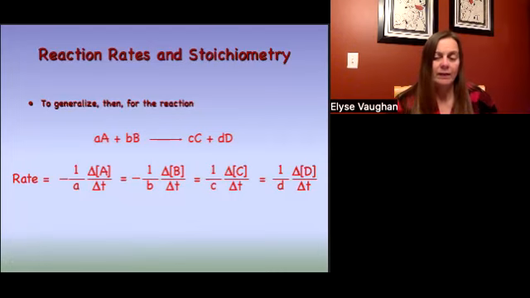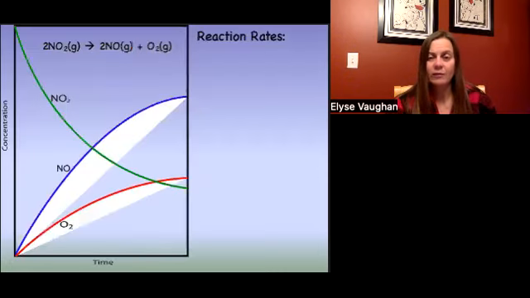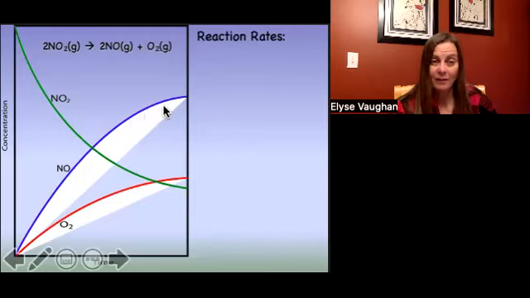Okay, so we can look at it from this perspective, or we can look at this graphically. And what we see here is the concentration over time of these 3 species in this reaction, where we have nitrogen dioxide decomposing into nitrogen monoxide and oxygen. And so you can see that the concentration of the nitrogen dioxide is decreasing, and the concentration of the nitrogen monoxide is increasing, and the concentration of oxygen is increasing as well.